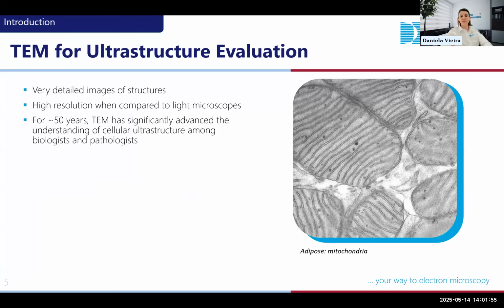Here we have a picture of mitochondria. As we can see, it's a very detailed image of the structure, with high resolution when compared to light microscopy. And for about 50 years, TEM has advanced the understanding of cellular ultrastructure among biologists and pathologists.